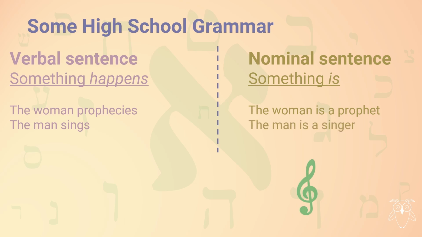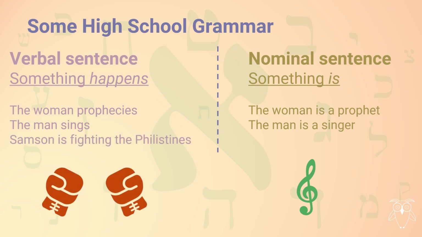The man is a singer. Something is the case. Samson is fighting the Philistines. Something is happening. Don't let the word "is" fool you. The whole verbal expression is "is fighting," which is still an action. Samson is a fighter. Something is the case.